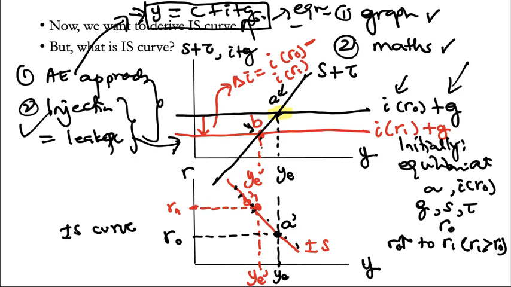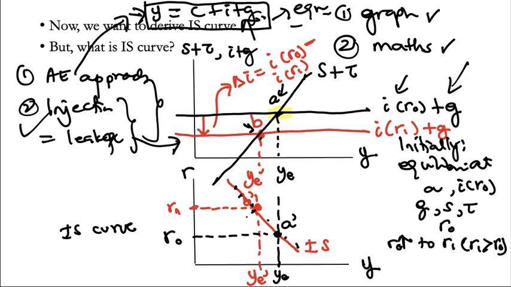So the IS curve or schedule shows us combinations of all possible interest rate and output when the product market is in equilibrium. So the IS curve is for equilibrium in the product market.